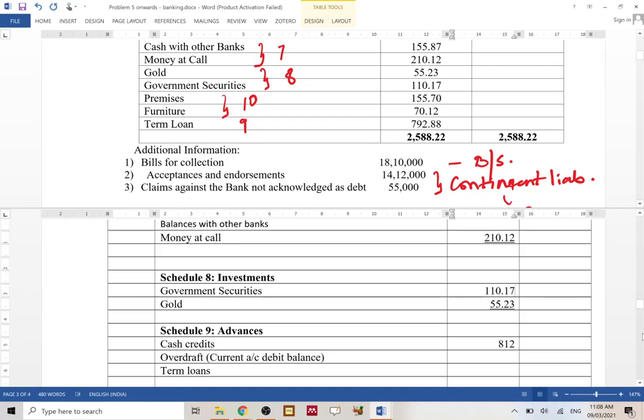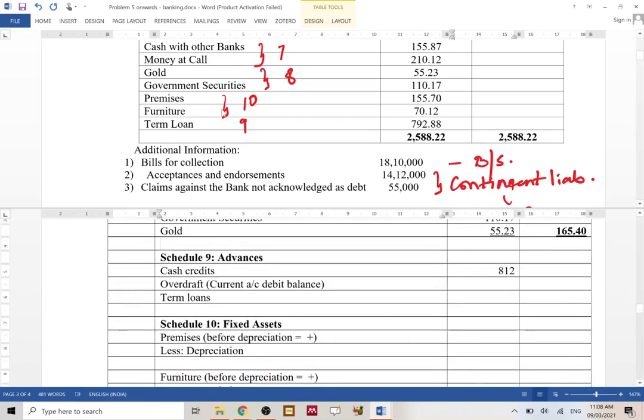So these are the two amounts. Again, when you get them outside, you have 165.40. Okay, so this is done.